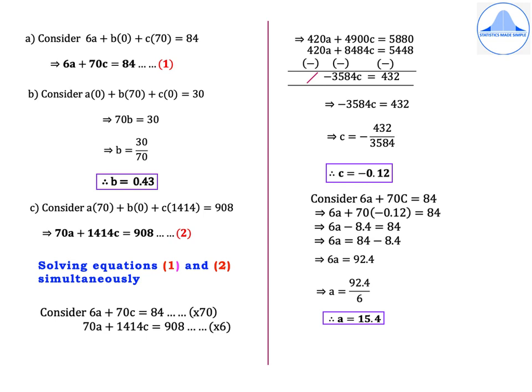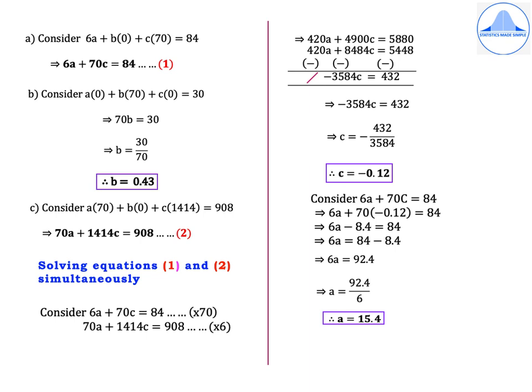Subtracting these two equations, a vanishes and you get minus 3584c equal to 432, or c is equal to minus 432 divided by 3584. Therefore, c is equal to minus 0.12.